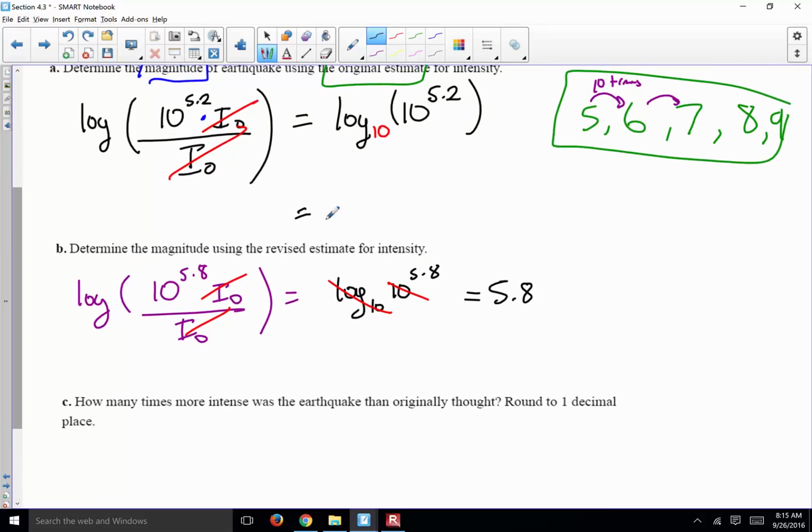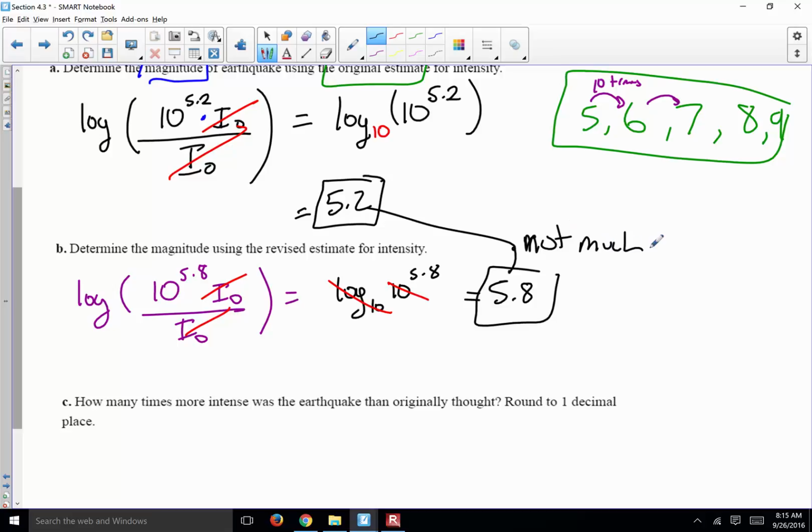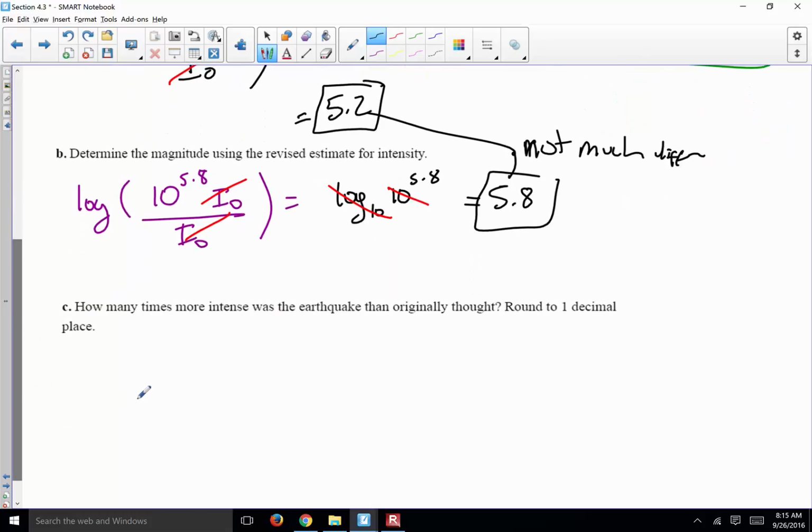Again, when you tell somebody, oh, I had an earthquake of scale 5.8, and he says, oh, I had an earthquake of 5.2, you may say, not much difference. Right? 0.2 to 0.8 doesn't seem like much, but it is actually much.